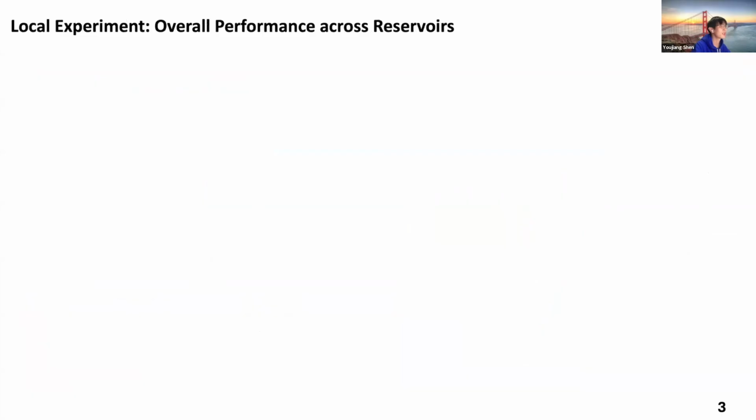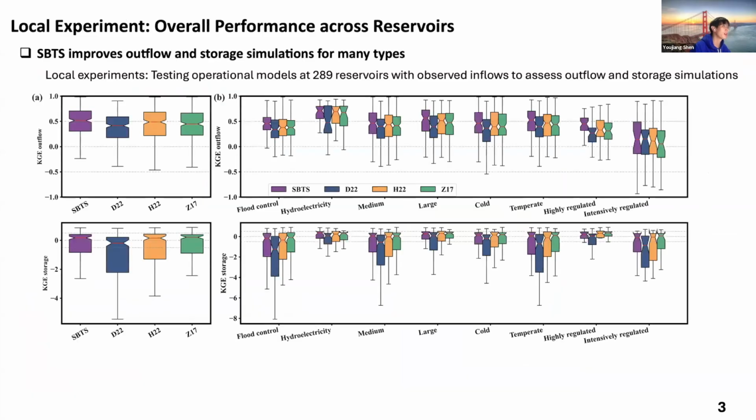And how good is it? So I tested its performance across global reservoirs. The first one is a local experiment. I tested three operation models against our SPTS across 289 reservoirs globally, with observed inflow to drive them, and tested how good it is at simulating outflow and storage. And here are the KGE values.